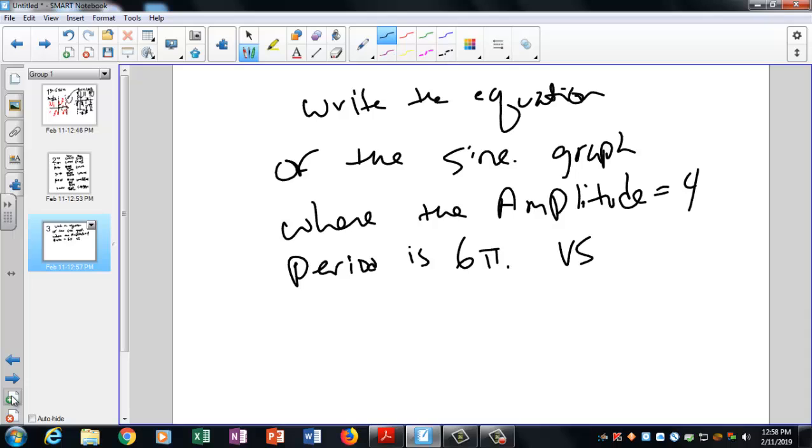It has a vertical shift up 2, and it has a phase shift right pi over 6. What would that equation look like?